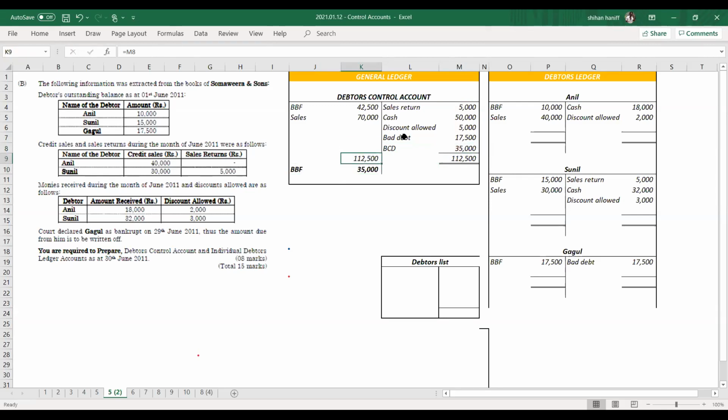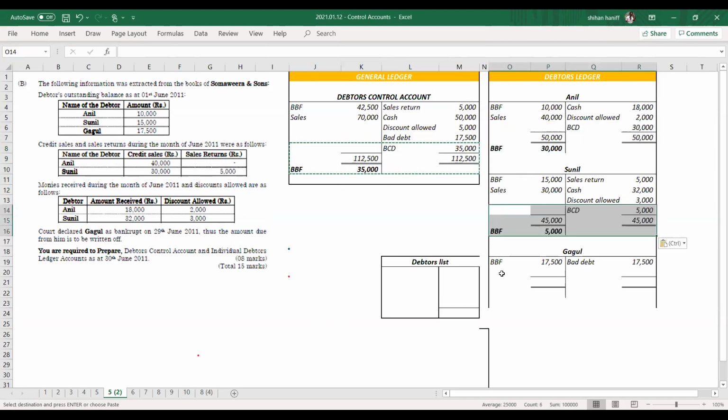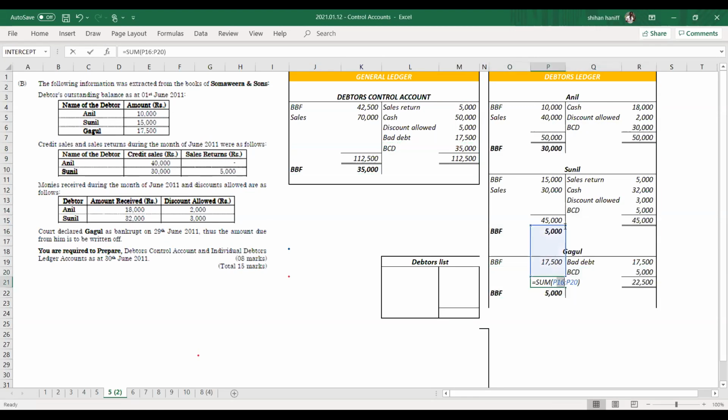You can double check the values. Is it correct? 35,000.